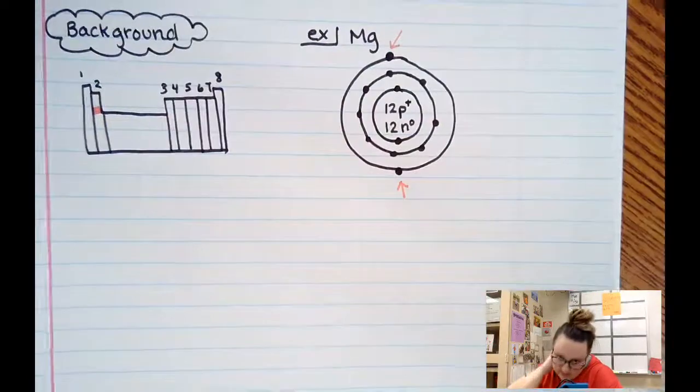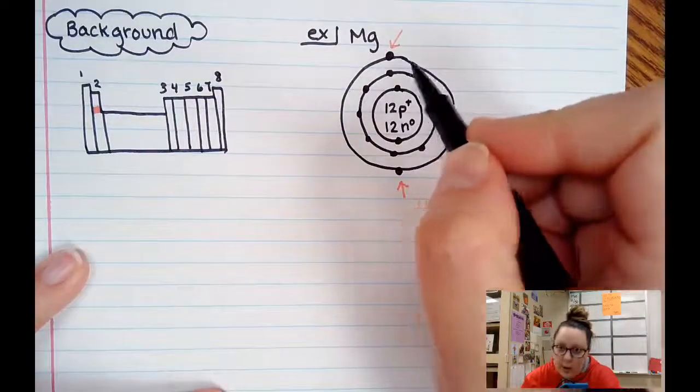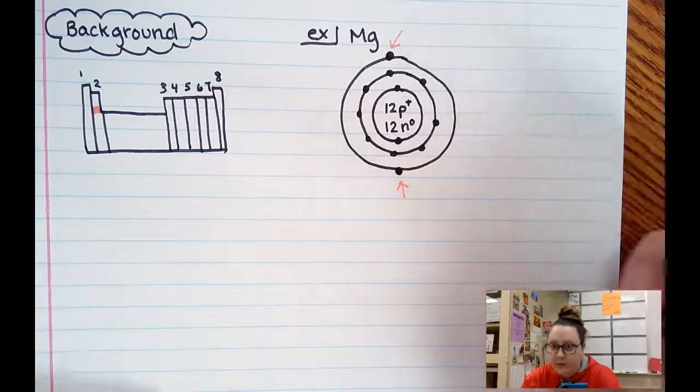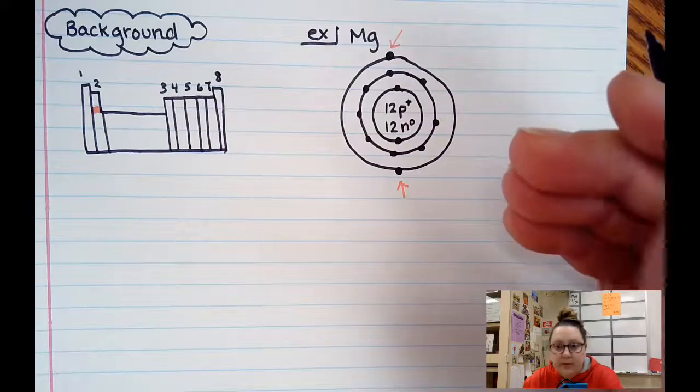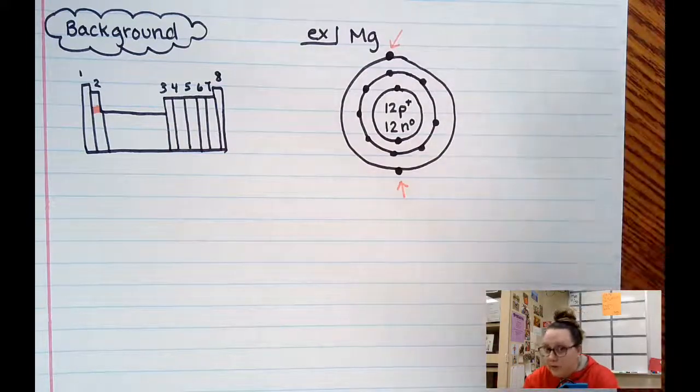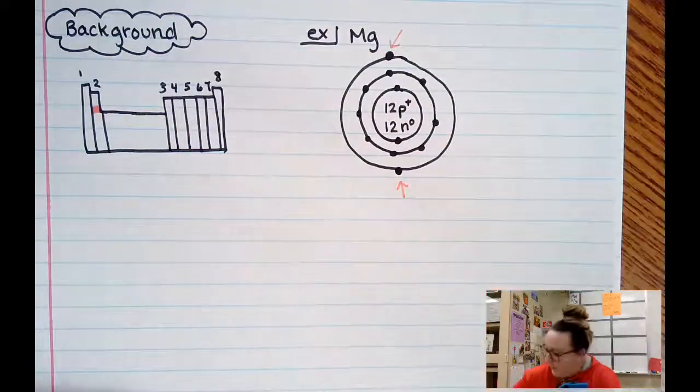So we think, is it easier to try to get 6 and fill it, or is it easier to transfer 2 away? Well, doing 2 things sounds easier than doing 6 things. So it's going to get rid of these 2 electrons or transfer them away. So we'll make ourselves a note.